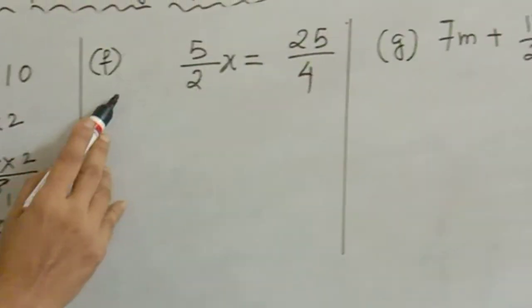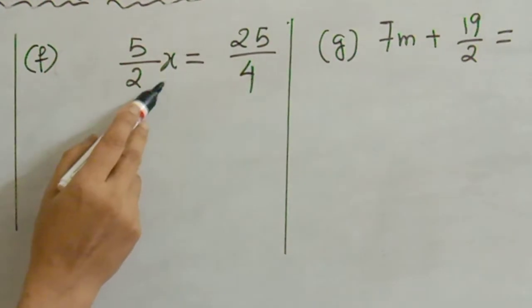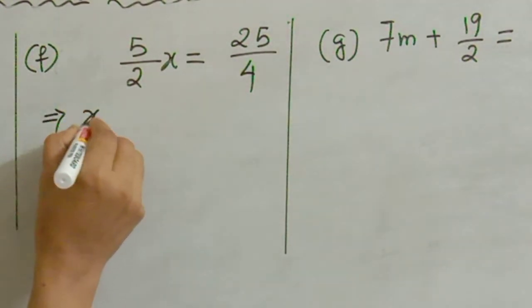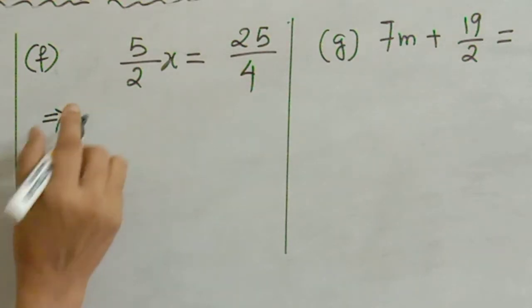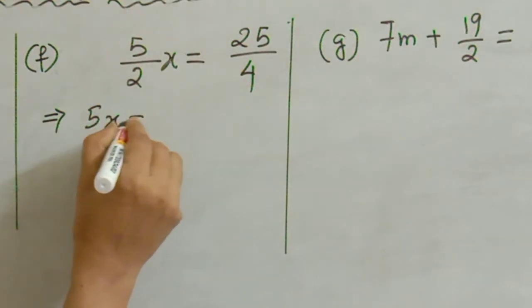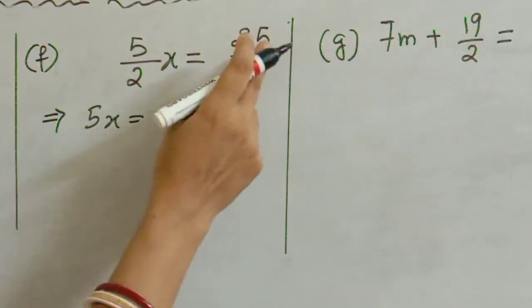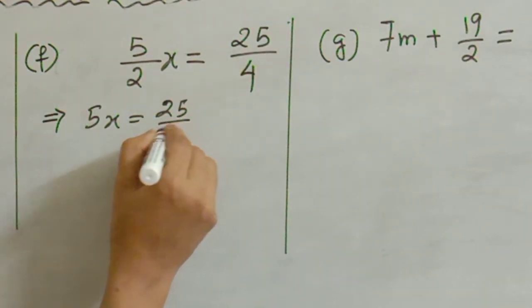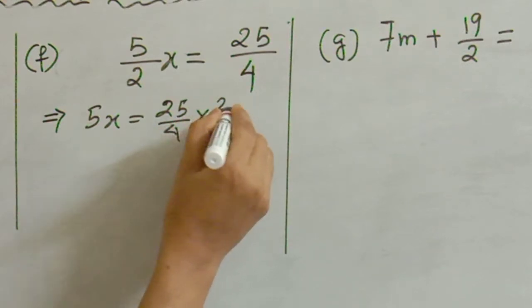Next question is question number F. 5 by 2 x is equal to 25 by 4. 5x is equal to, 2 was in the denominator, so it will go in the numerator. 25 by 4 into 2.